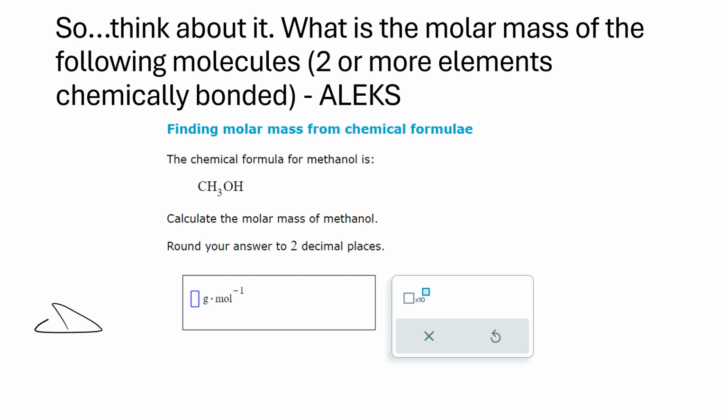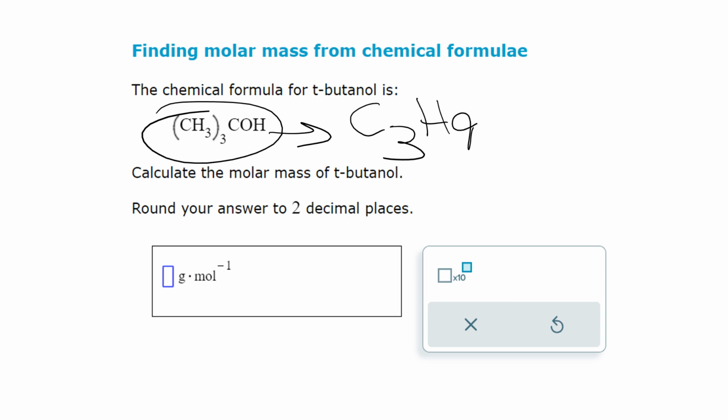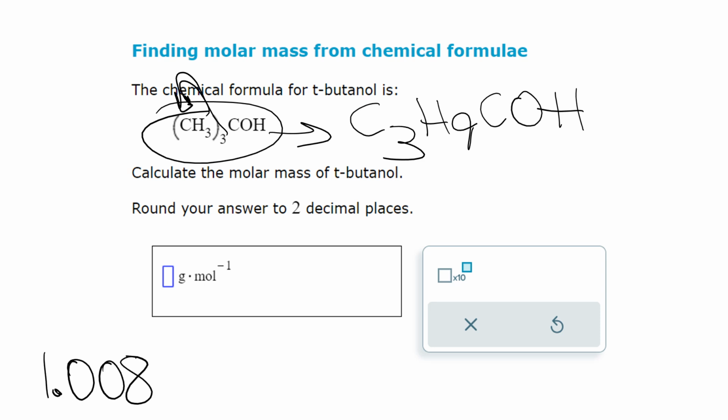This here, testable, so practice that. Again, here, testable, so practice that. This is not overly complicated, where we just have to distribute that 3 in and add up the masses. On Alex, you might have to, on the periodic table, I'll give you hydrogen's 1.01.